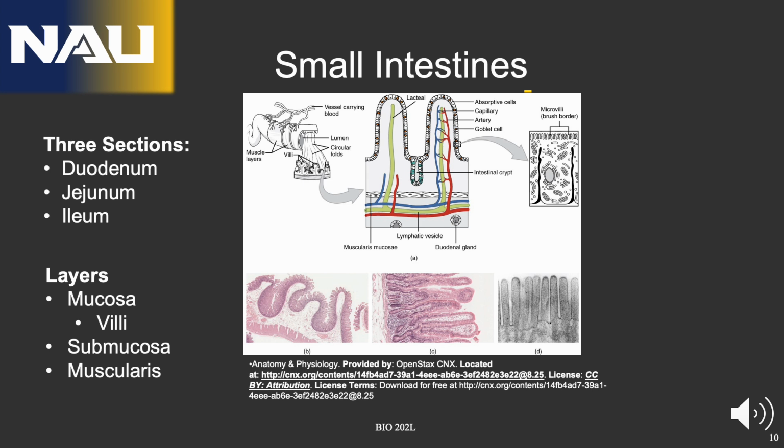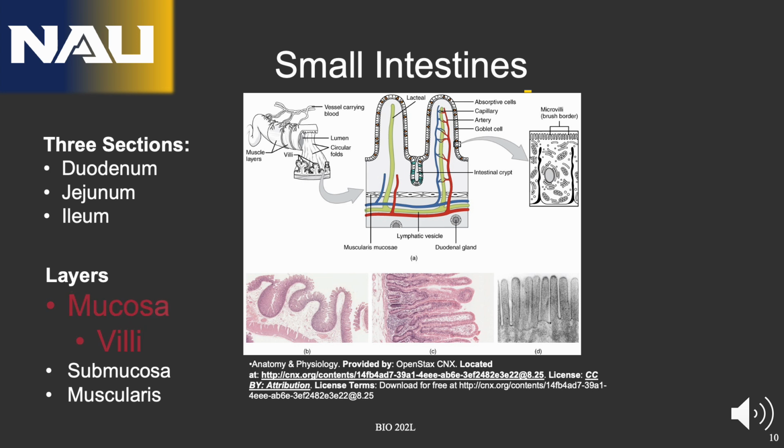The most crucial layer for nutrient absorption is the mucosa, which has villi, tiny projections that significantly increase the surface area for absorption. So this is what you need to remember for the small intestines. Take a look at the mucosa, look for villi, and then take a look at the submucosa, because there might be something interesting there, depending on which section you're looking at.